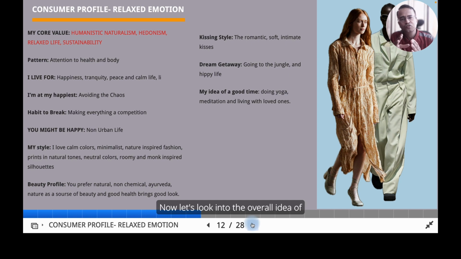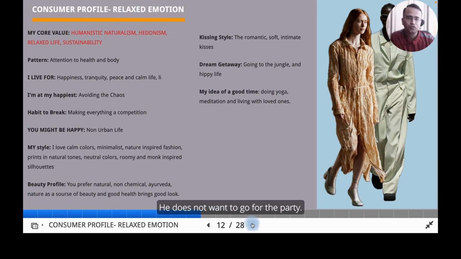Now let's look into the overall idea of consumer profile building. The first thing we need to understand is the consumer's values. Who are the people connected to this particular story, this particular theme, this particular behavior? Imagine your friend who wants to live a very relaxed life.